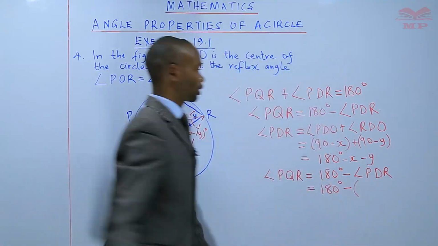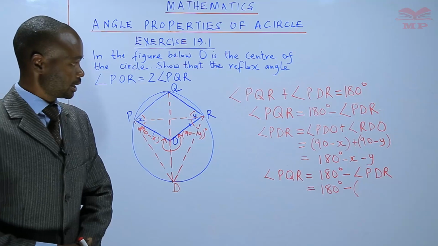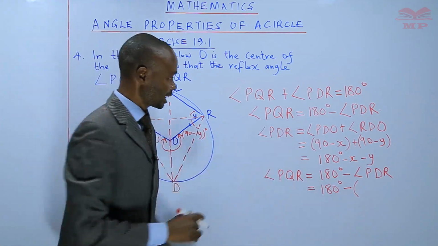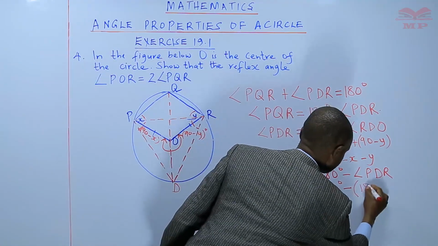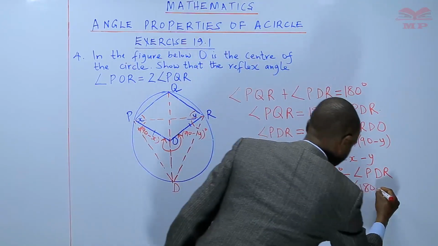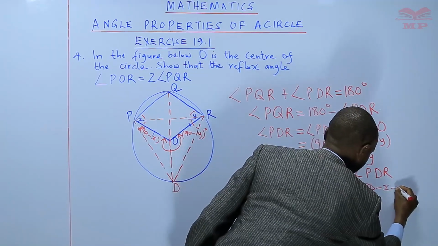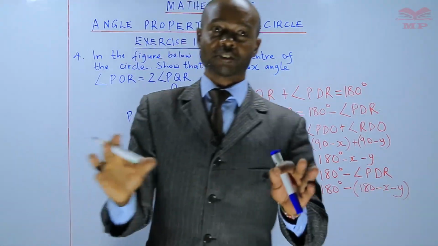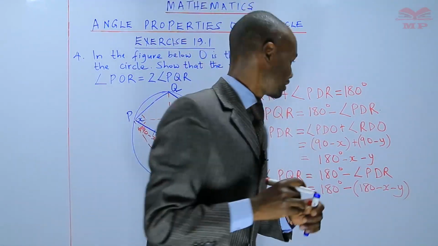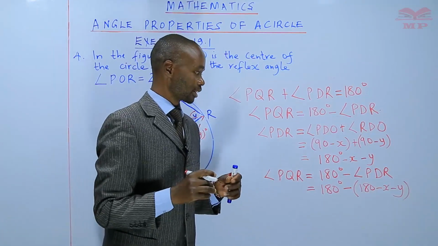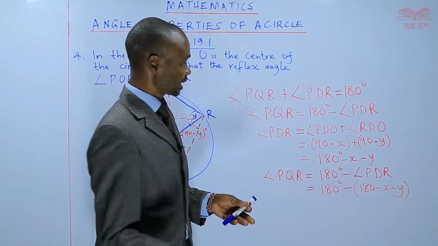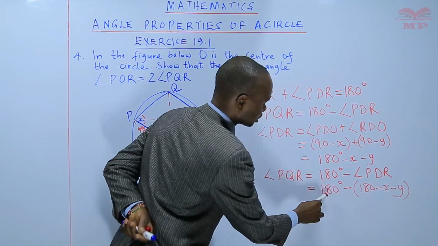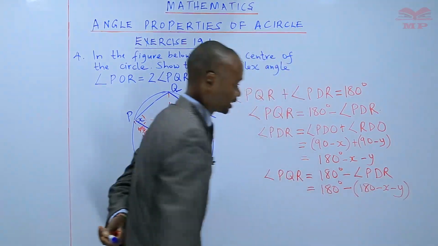Put it into brackets because of some computation that will be there, minus PDR, which is 180 minus x minus y. At that point, you have to be very careful when we are opening the brackets. When you are opening the brackets here, it will be 180 minus 180.